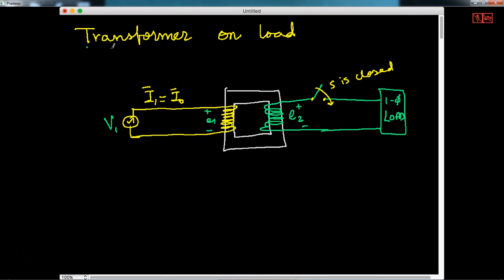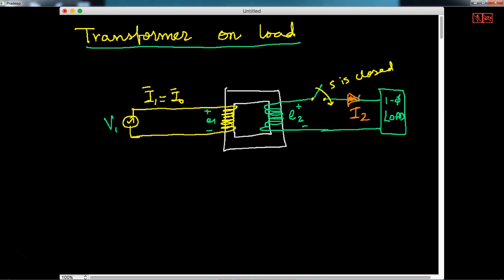Of course, in a practical transformer there is going to be a voltage drop, but for the time being we consider V1 equal to E1, and there is E2. Now the moment I close the switch, there is E2 and there is a load, so some current will be circulating in this. Let us denote that current as I2. This current I2 will flow in the secondary circuit when the switch is closed.